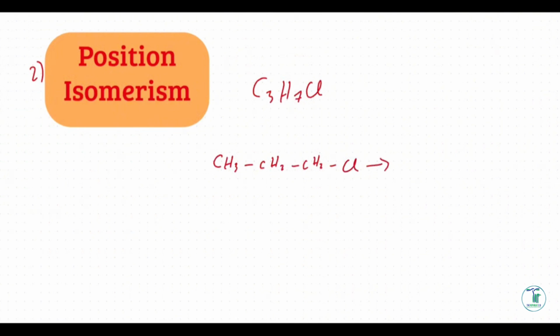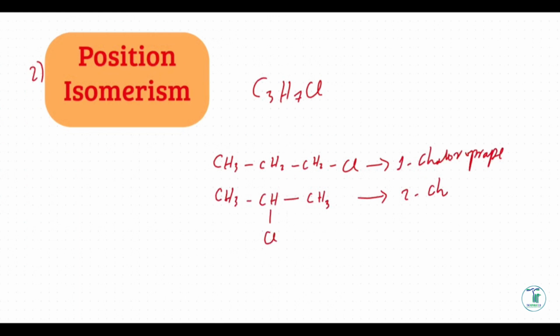So this is 1-chloropropane. While it can be arranged in this way: CH3, CH having Cl here, and here that would be CH3. So that may be called 2-chloropropane.